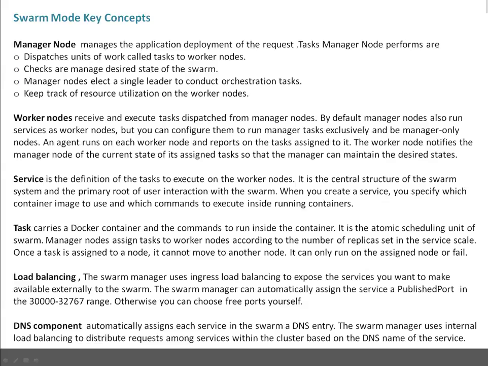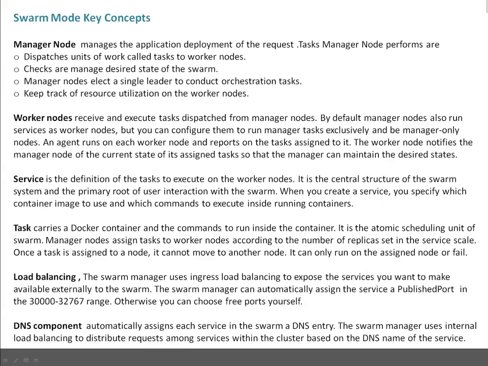Leader is the only one who is the main entity in that particular cluster. Manager node keeps track of resource utilization on the worker nodes. So it checks how much a particular node is utilized. If a node is heavily utilized, Swarm will not kick off any new job on that particular node.